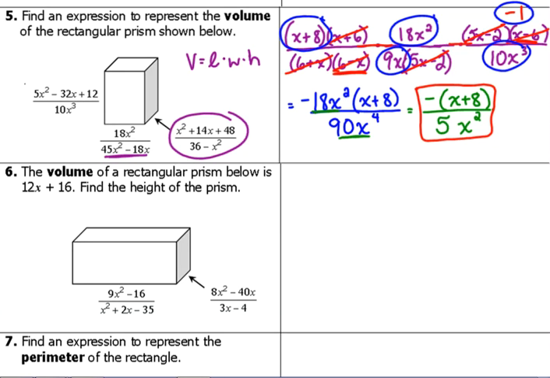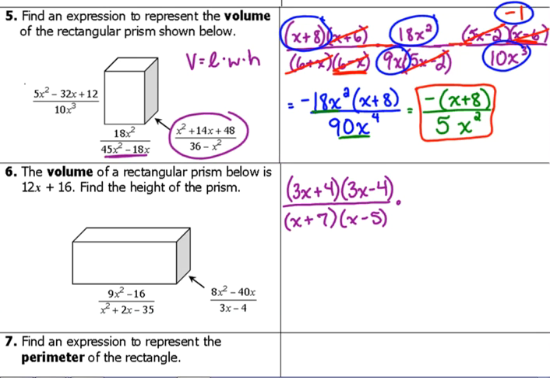So how about we go ahead and multiply what we've got. Factor, so 9x squared minus 16 is the difference of perfect squares: 3x plus 4 times 3x minus 4. X squared plus 2x minus 35 would be x plus 7 times x minus 5.